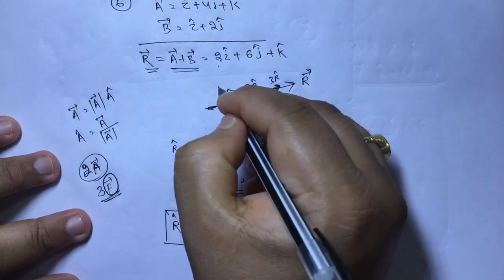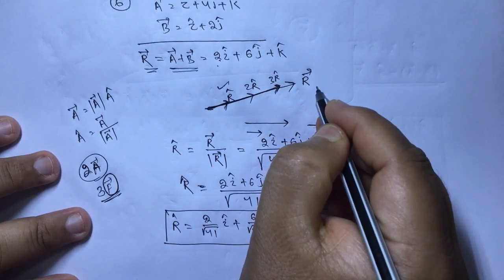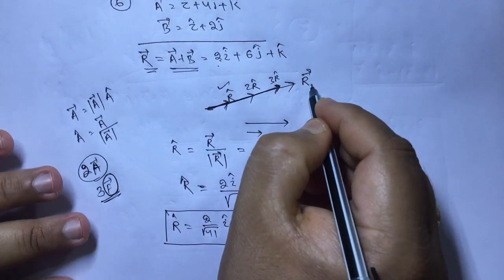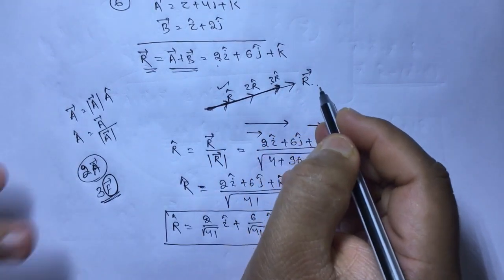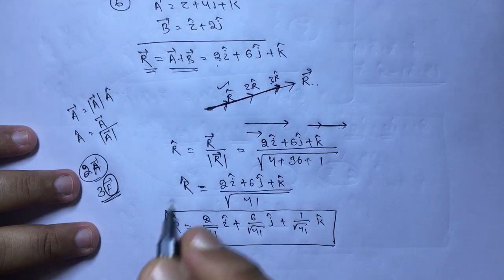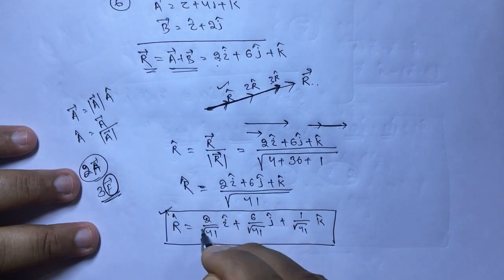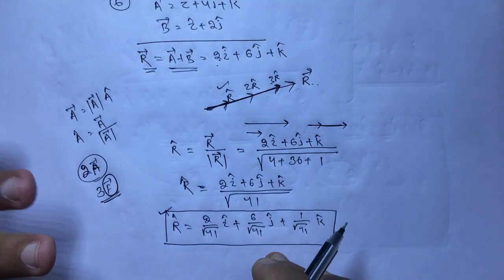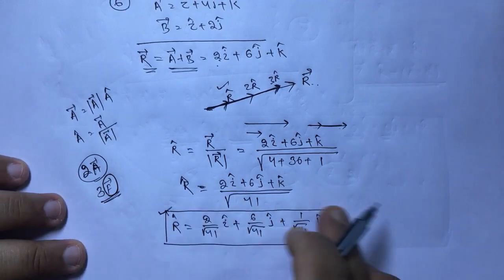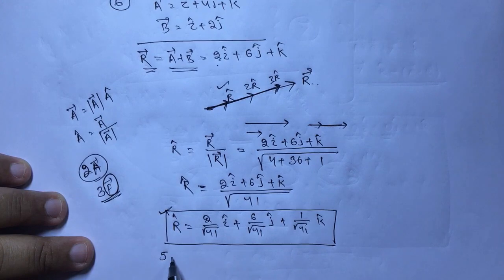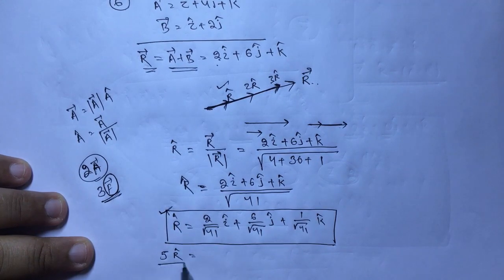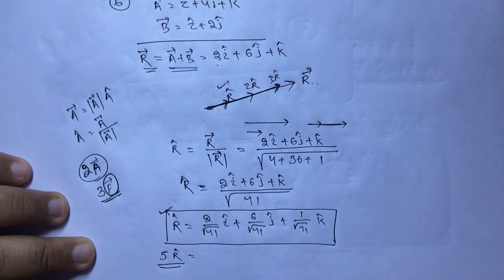Means I can tell, if r cap is parallel to r vector, 2r cap is also parallel to r vector, and 3r cap is also parallel to r vector. Means what I want to tell is that if this vector is parallel to r vector, this is your answer. But if someone multiplies this with 5 and writes 5r cap, this is also a vector, and it will also be parallel to r vector.